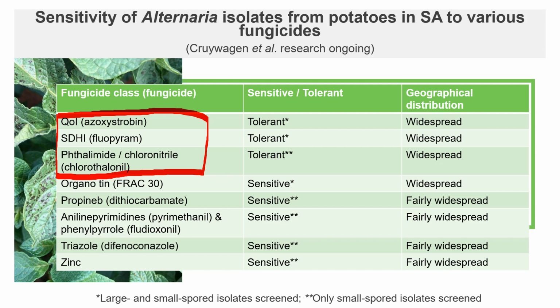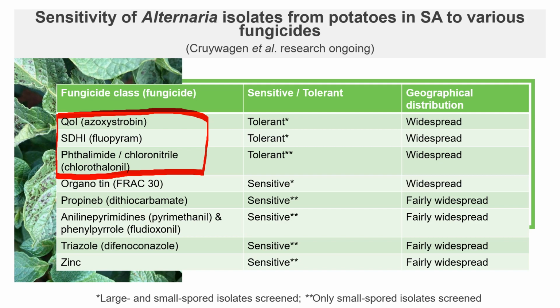Why? There's a widespread tolerance among South African potato Alternaria isolates, in most cases small and large spored, to the QoI group, that's azoxystrobin, the SDHIs, fluopyram, phthalimide, and chloronitrile, in other words chlorothalonil. So those products are largely not very effective anymore because of this widespread tolerance.